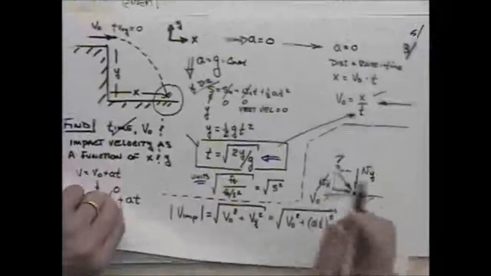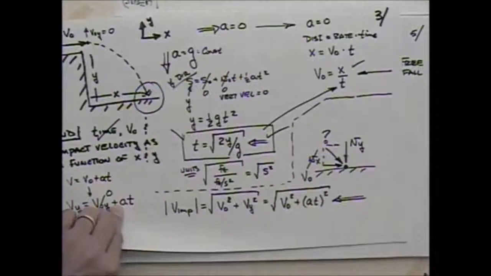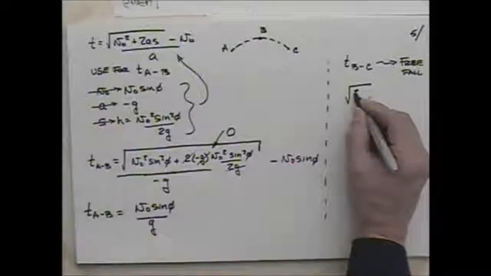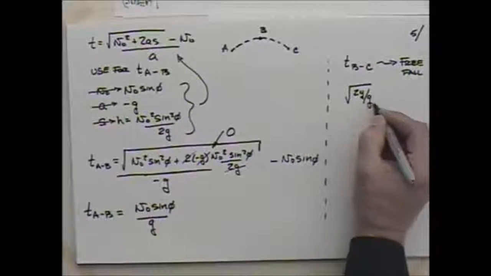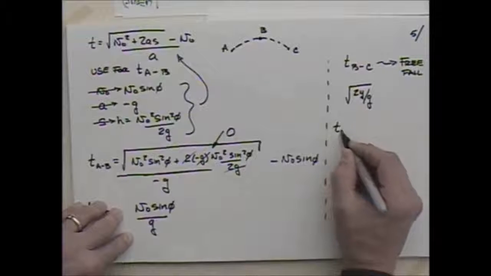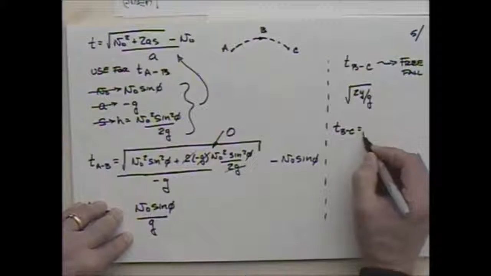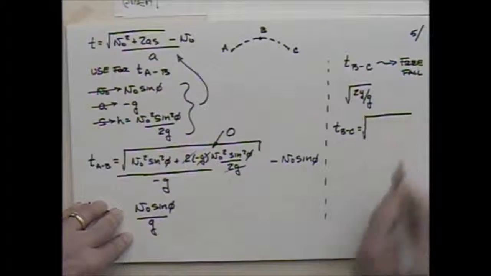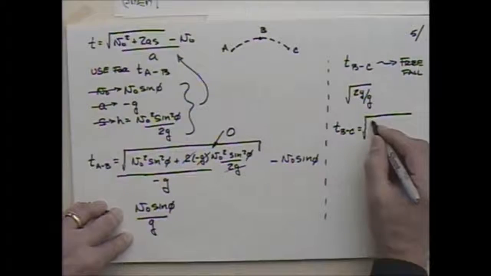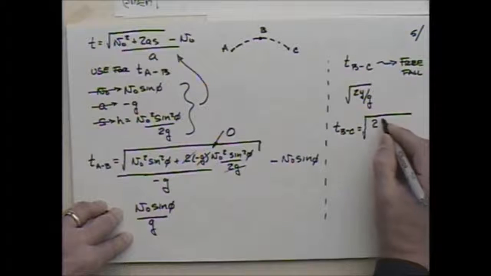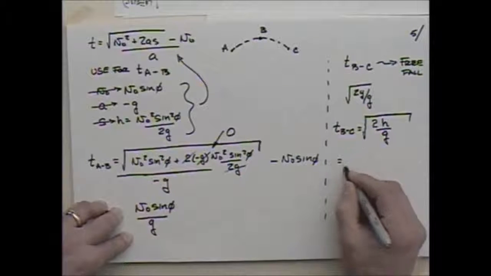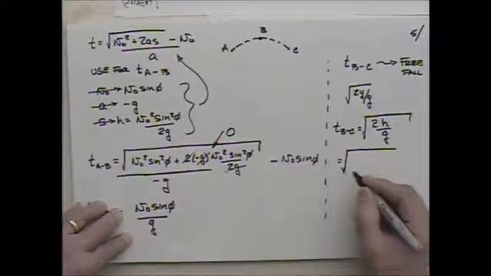Is that this one here? Yeah. So the square root of 2y divided by g. So in our case, B to C is going to be equal to the square root of 2y. How far is it? That's how far it's falling, right? So that's 2 times h divided by g, which would be equal to the square root of, what do we have for h?